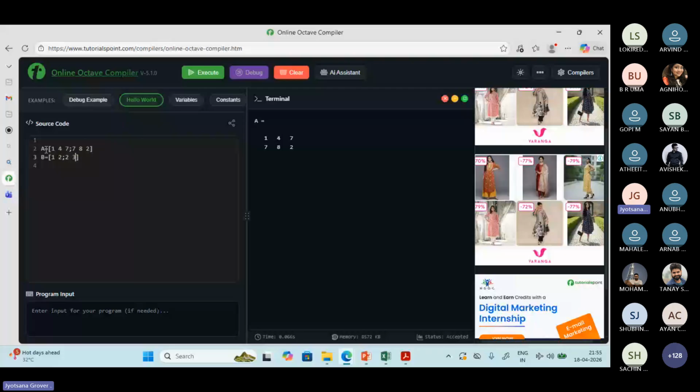Let's see whether this is compatible. A is 2 rows, 3 columns, 2 into 3. B is 3 into 2. So the number of columns in A is the same as the number of rows in B. So this is compatible. Now let's take the transpose of A into B. You multiply both the matrices and then take the transpose.